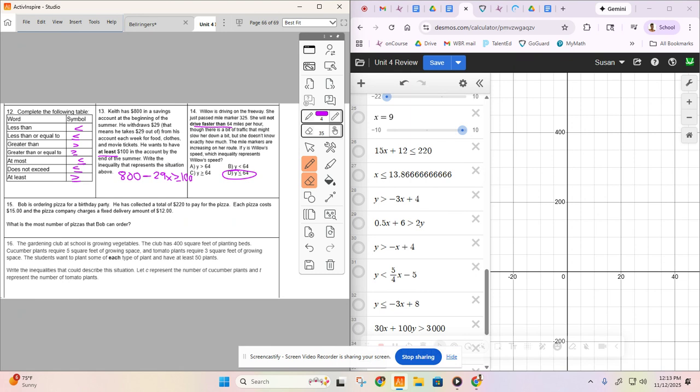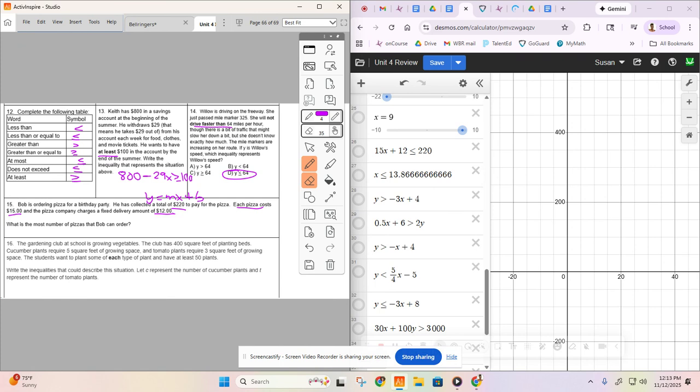Number 15, Bob is ordering pizza for a birthday party. He has a total of $220 to pay for the pizza. Each pizza costs $15, and the company charges a fixed delivery amount of $12. Our goal is to find out what is the most number of pizzas Bob can order. So think about y equals mx plus b, but we're going to use it as an inequality.